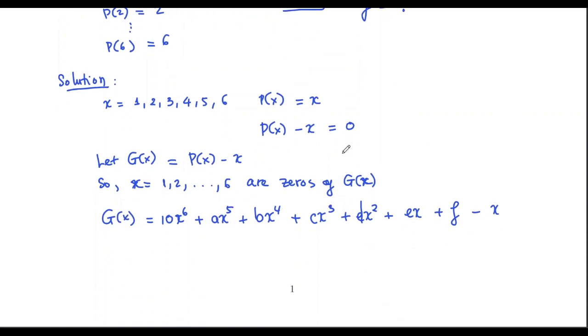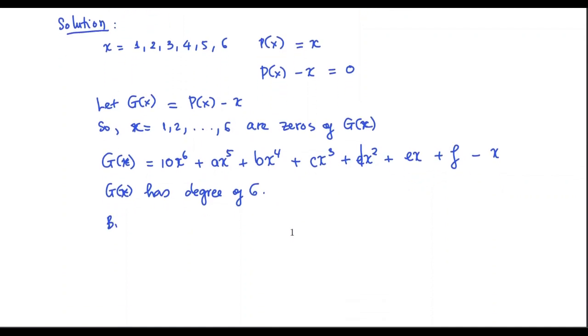And g of x has degree 6, and x equal 1, 2, 3, 4, 5, 6 are 6 zeros of g of x.